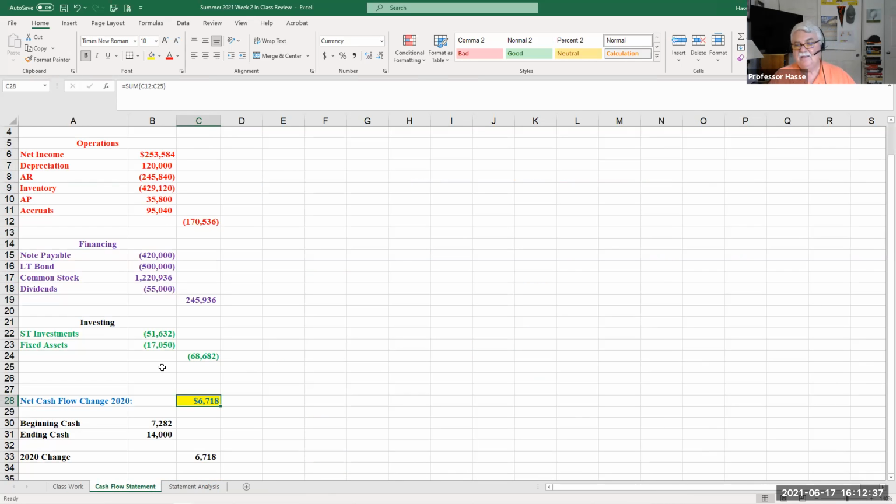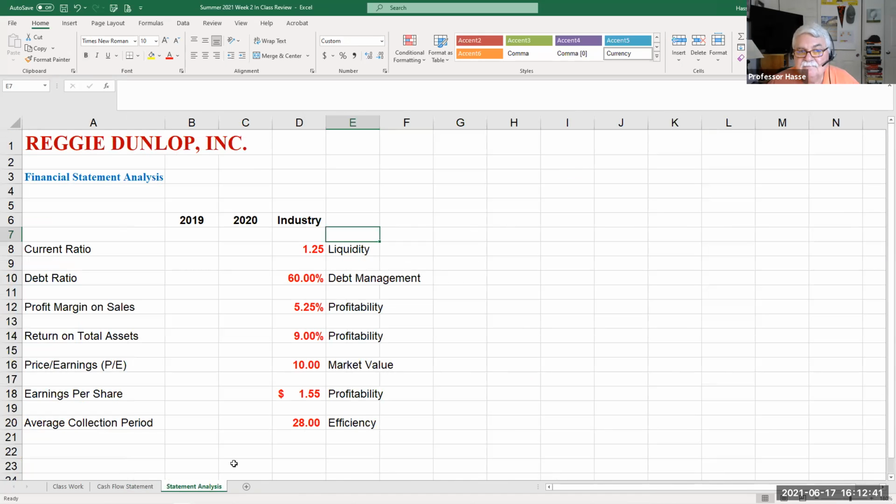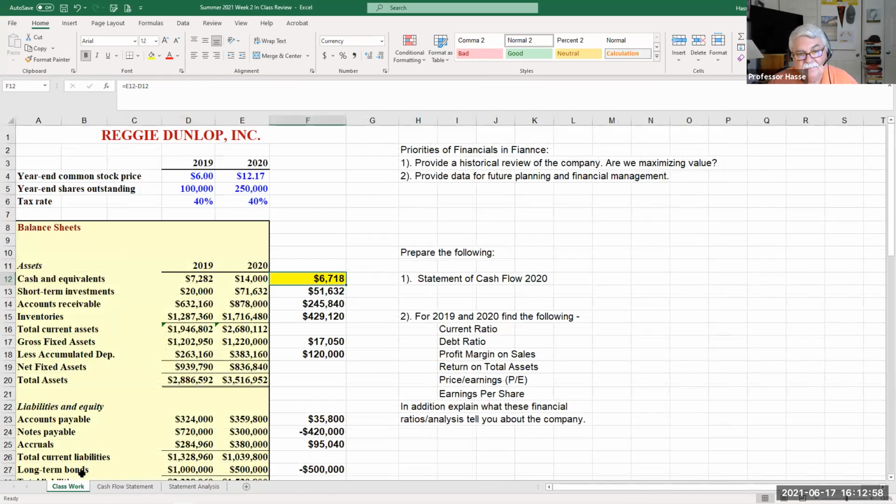And from these, the world now takes and does statement analysis. They take a look at the liquidity of the company, the debt management, profitability, market value, efficiency. They take a look at all these as information from these financial statements.